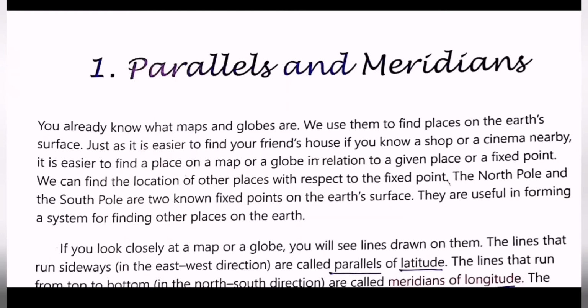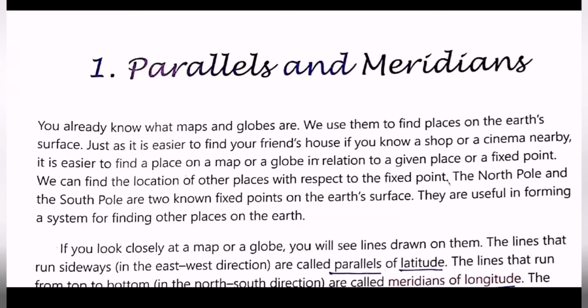Now let's start. You already know what a map and a globe are. Before starting this lesson on parallels and meridians, you must have known about what a map is and what a globe is in your previous classes.